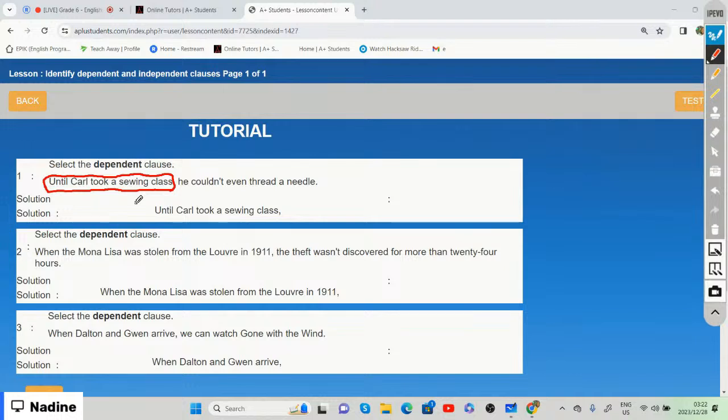And if we select it, we can say when the Mona Lisa was stolen from the Louvre in 1911. That is our dependent clause.